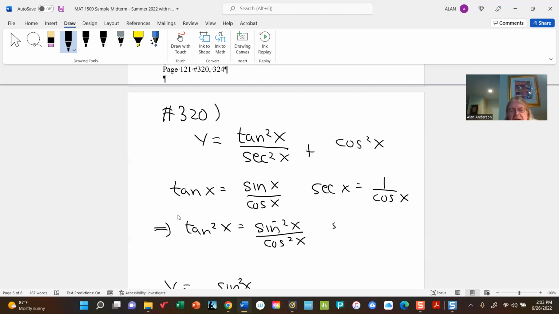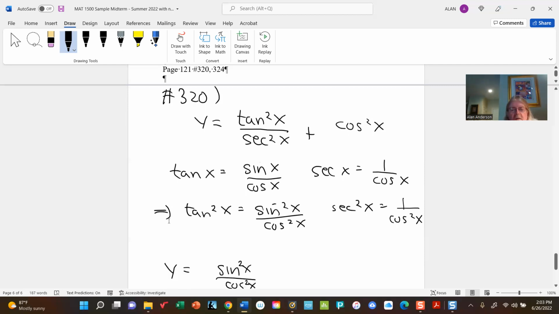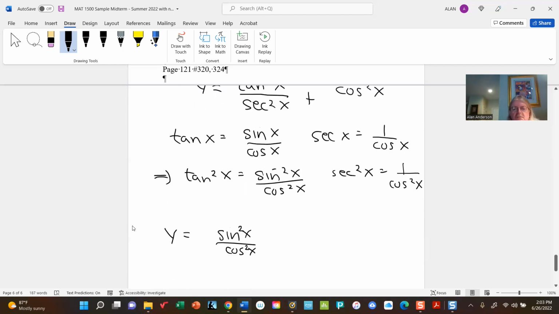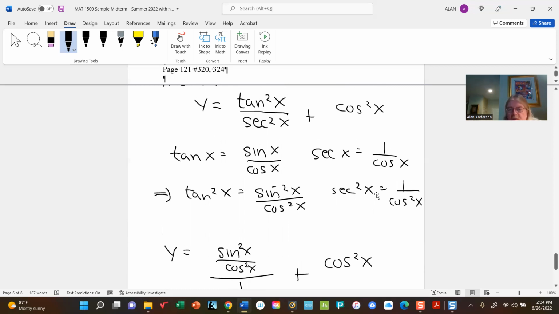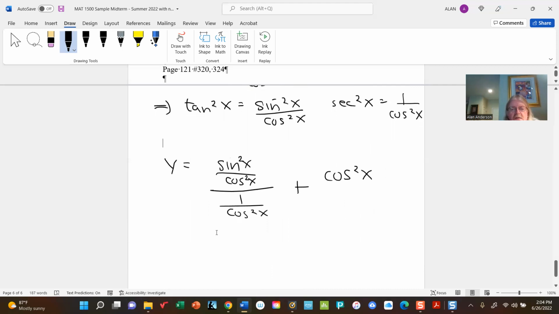It also means that the secant squared of x equals 1 divided by the cosine squared of x. So I've replaced tangent squared of x with sine squared over cosine squared, and then secant squared was replaced with 1 over cosine squared.